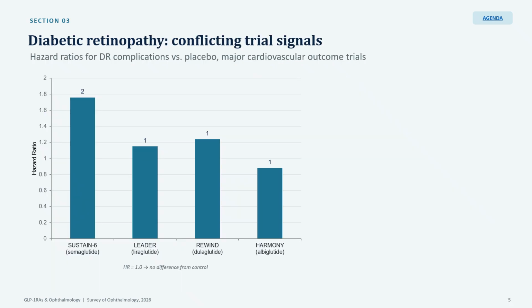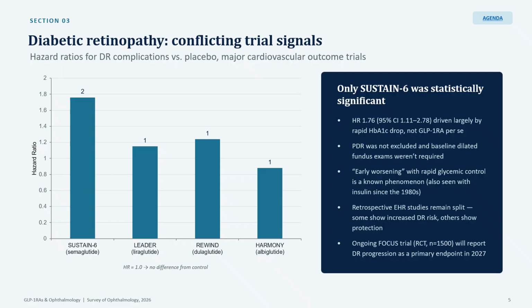Now, if you look at single diseases, in diabetic retinopathy there are conflicting trial results. Hazard ratios for diabetic retinopathy versus placebo in major trials have shown that only SUSTAIN 6, which is a trial on semaglutide, was statistically significant.